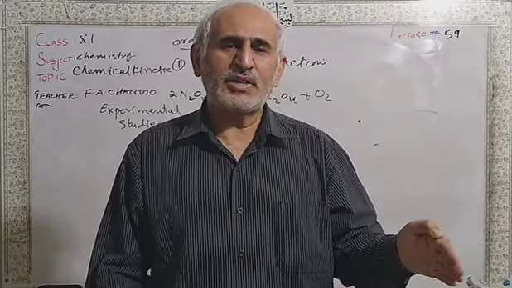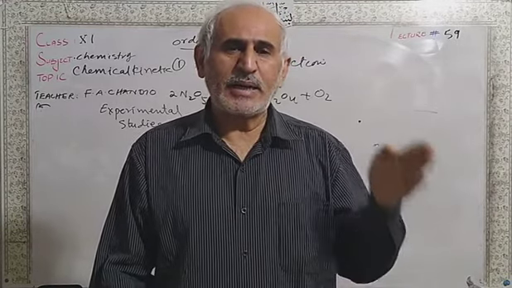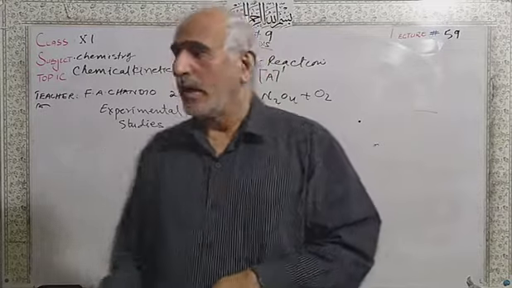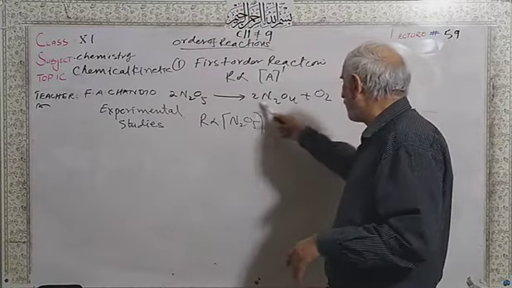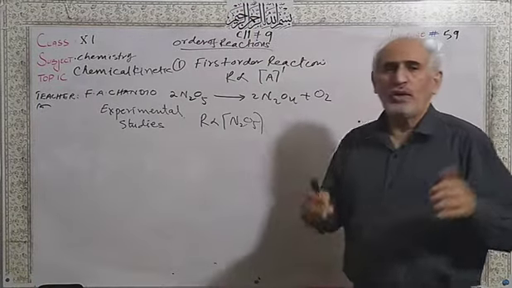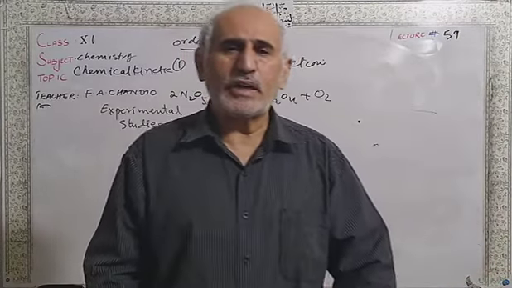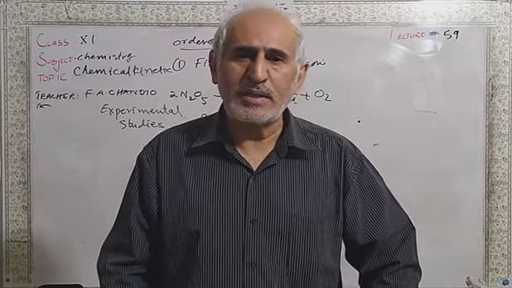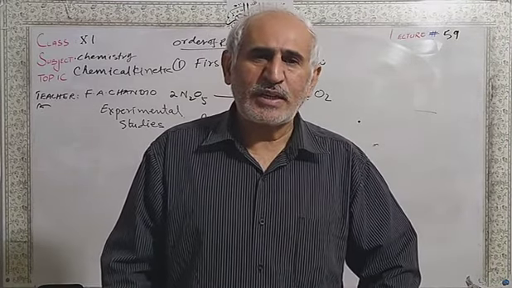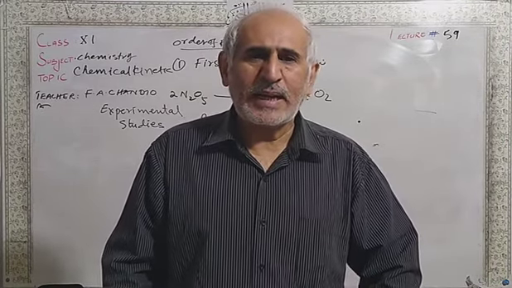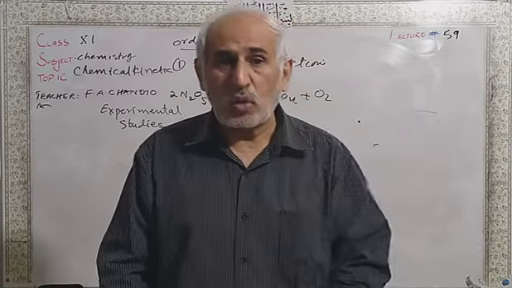So he must mention the rate determining step. Just by seeing the chemical equation, you will not decide the order of reaction. This is very important, because order of reaction is a purely experimentally determined quantity.